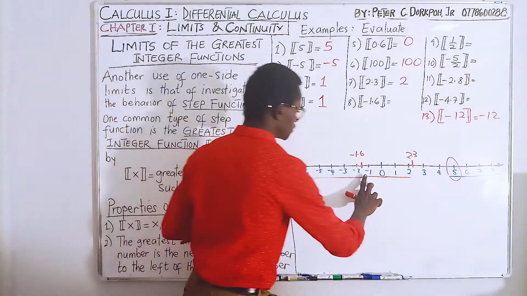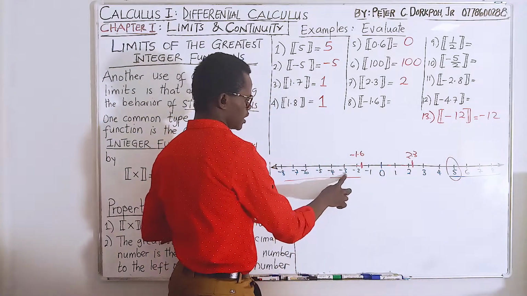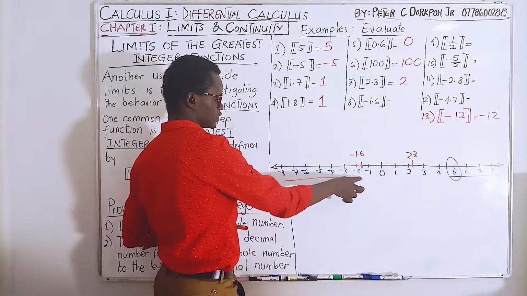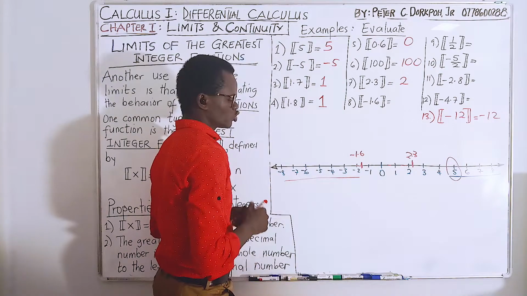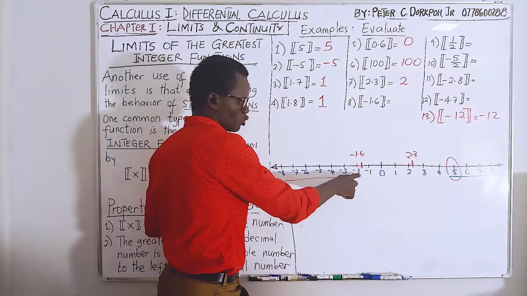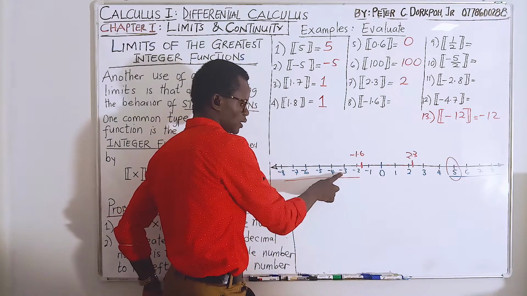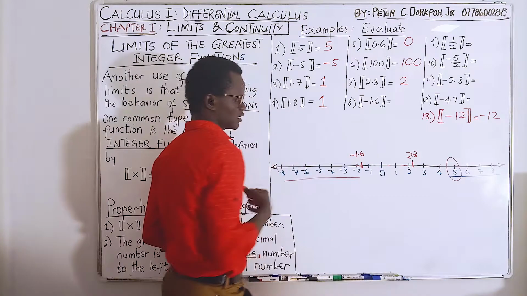All of these integers, right? From negative 2, negative 3, negative 4, negative 5, all of these integers are less than negative 1.6. So amongst all of them, which one of them is the greatest integer? Negative 2 is the greatest integer because negative 2 is greater than negative 3, negative 2 is greater than negative 4, and so forth.